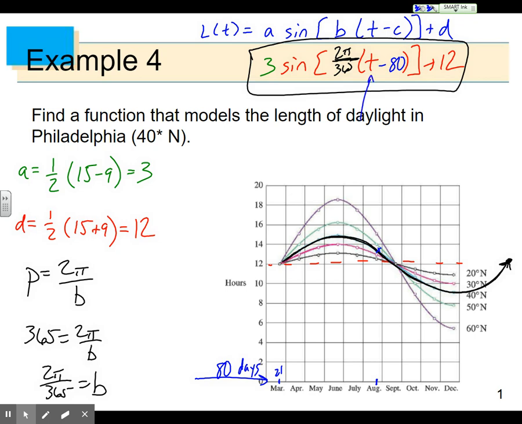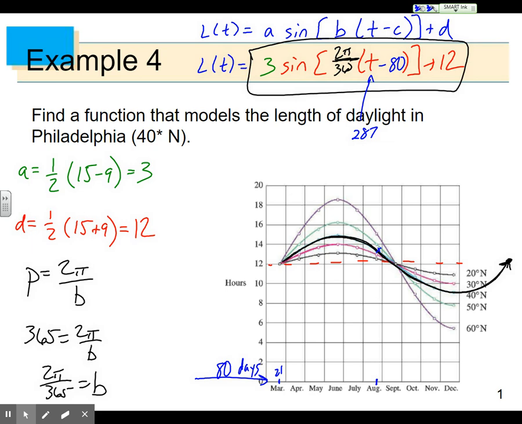Suppose it's, I have no idea, suppose it's the 287th day. I'm just making something up. I could just plug in 287 in for that t right there, and it would tell me the length of time that I'll have daylight on that day.